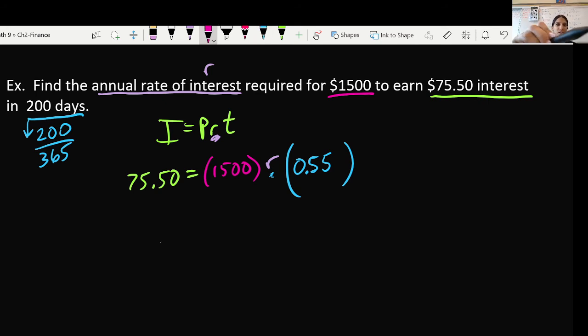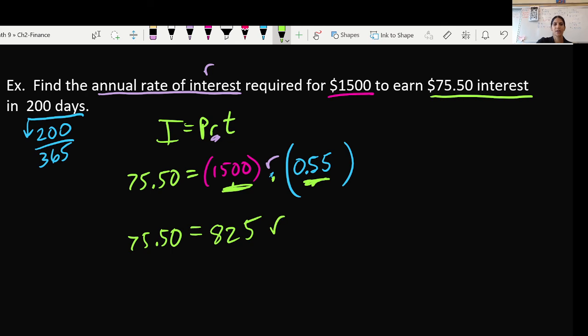Now, if we want to start to clean things up, we have $75.50 on the left. Do you see that this and this are all being multiplied together? So to make things easier, I am going to multiply 1,500 times 0.55 so that I can clean things up. I get 825R is what's left on the right side.